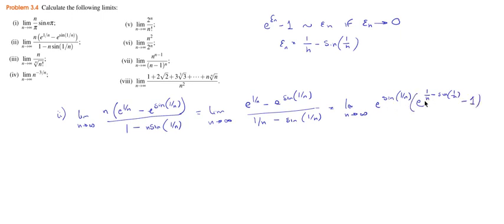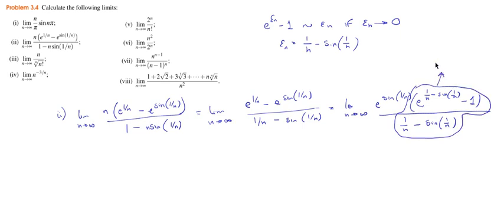I'm just taking the common factor, and then in the denominator we have this. Again, this sequence is going to 0, so this thing is going to be very similar to this thing when n is large. In other words, this term is going to tend to 1.